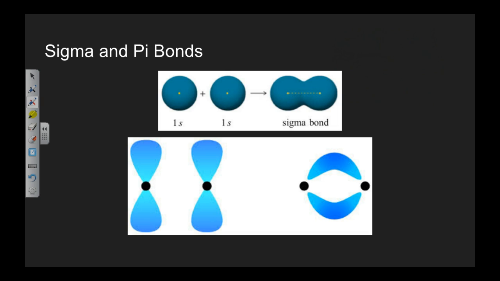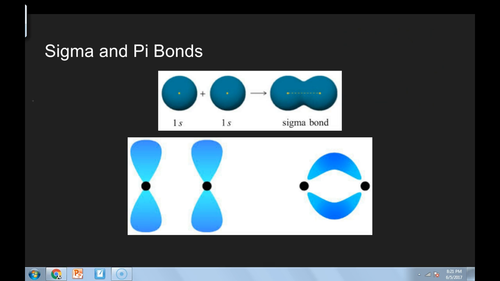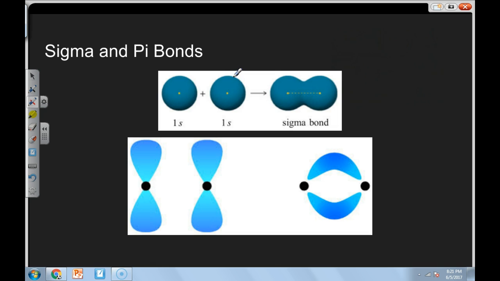Just because I can't draw, that's why I put these pictures in here. I did a pretty good job with my s orbitals overlapping. Remember, the p orbitals have dumbbell shapes, kind of like teardrops put together, maybe propellers. When these get close together, they overlap. This is called a lobe.